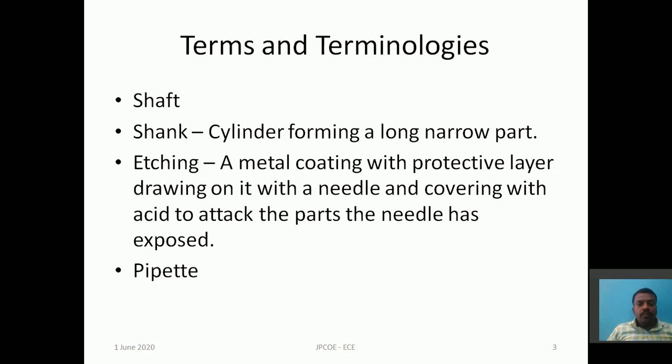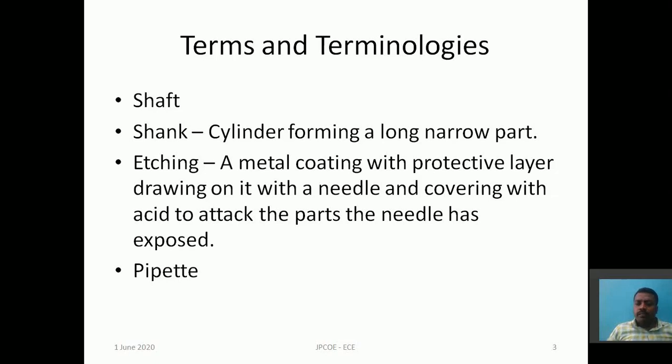Then next one is etching. A metal is coated with a protective layer, drawn on with a needle, and covered with acid to attack the part of the metal that has been exposed. Etching is a process that is used with acids.